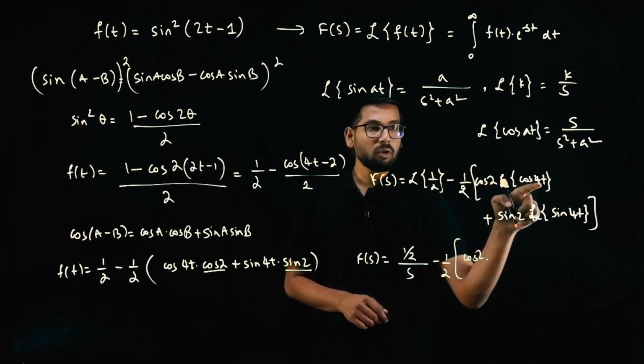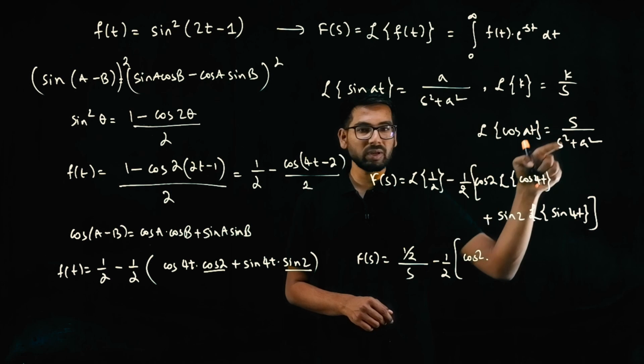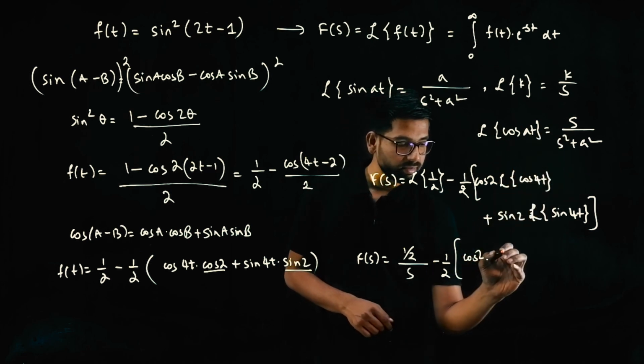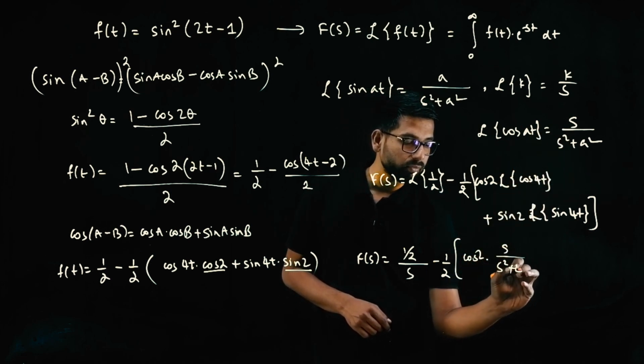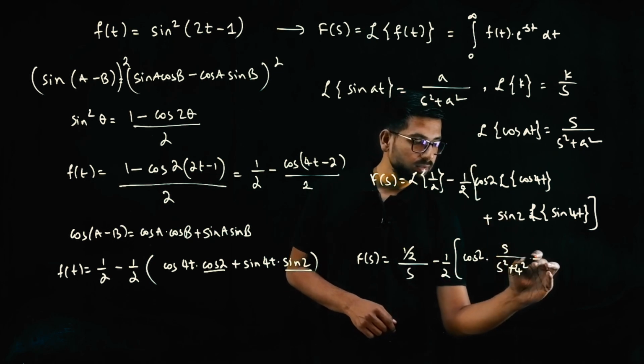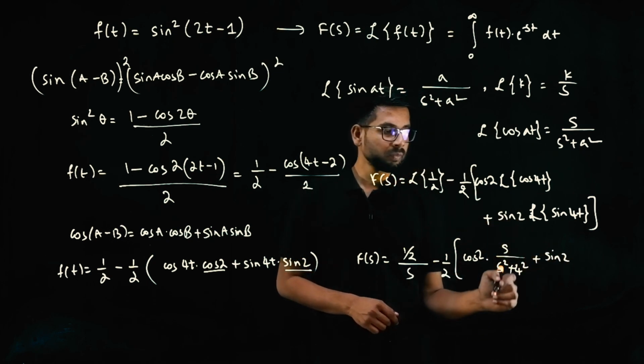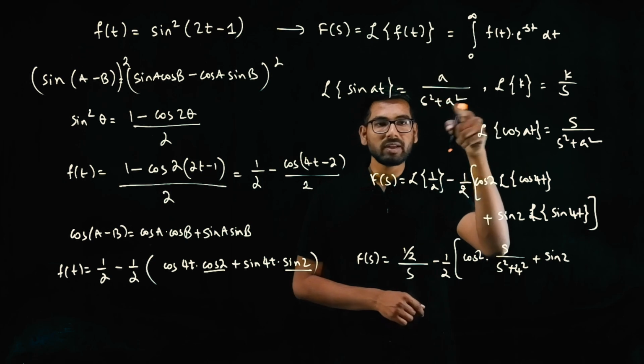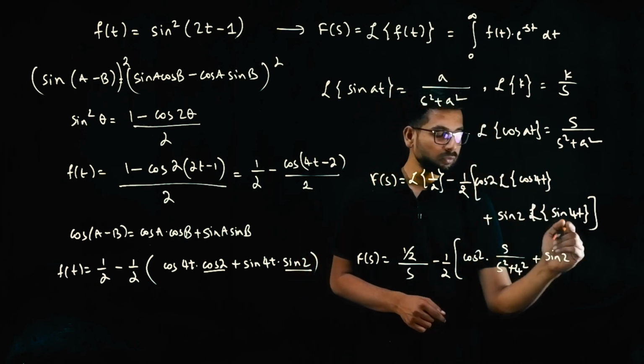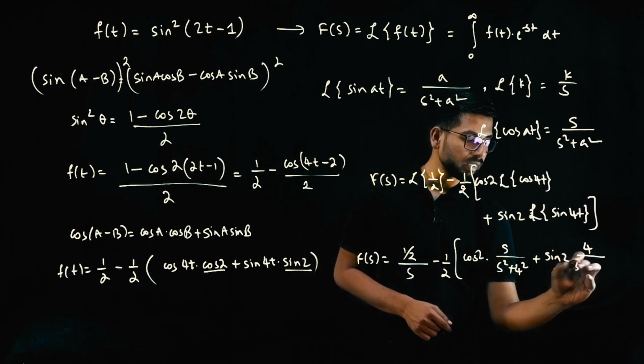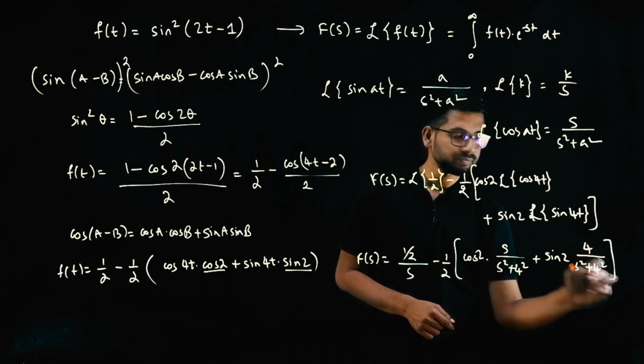The Laplace of cos at is s over s square plus a square. In place of a, I have 4, that is s over s square plus 4 square. Plus sine 2 as it is, and for sine 4t, the Laplace of sine at is a over s square plus a square. In place of a, I have 4, that is 4 over s square plus 4 square.